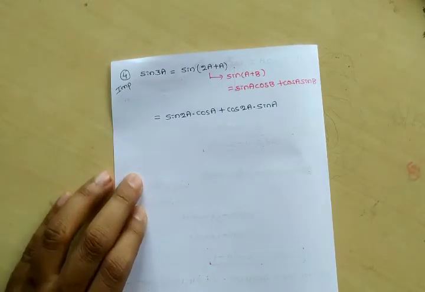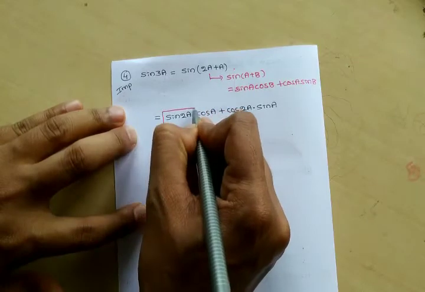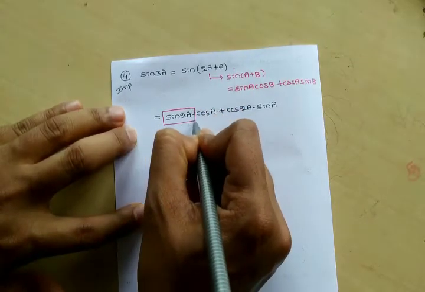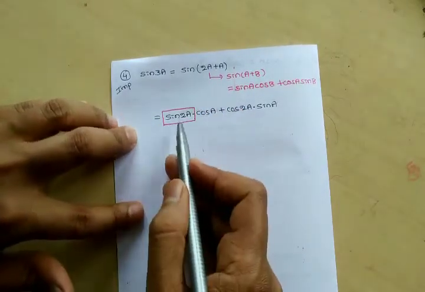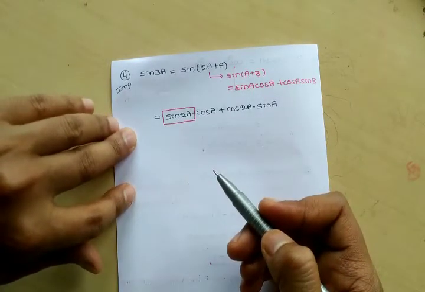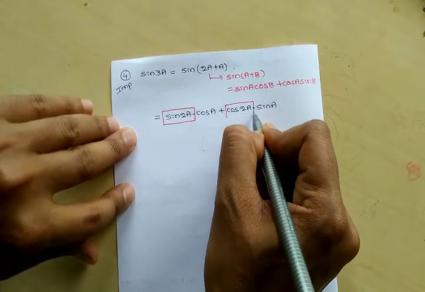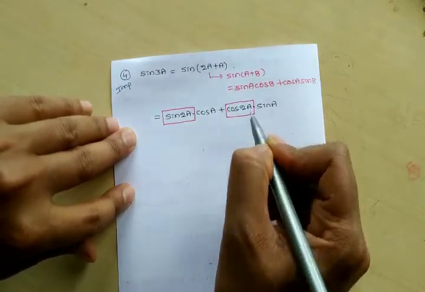Next, in the second step, you know the multiple angle formulas now. The sin 2A formula you know, correct? So this sin 2A I am going to replace by the multiple angle formula, and this cos 2A also I am going to replace by the multiple angle formula.